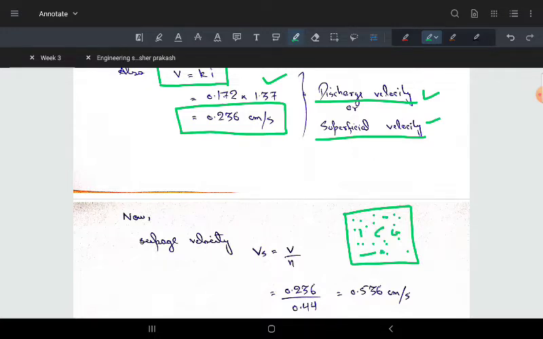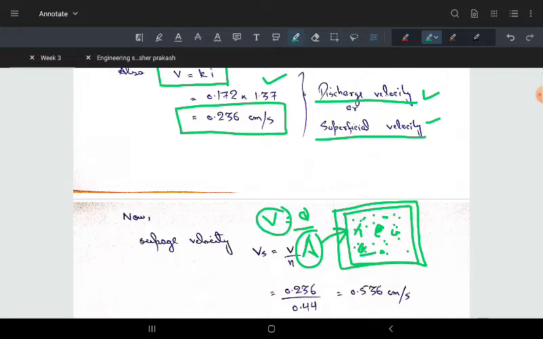Water moves through the voids, it cannot move through the solid itself. In the superficial velocity or discharge velocity, we consider the whole area to calculate the velocity. V is equal to Q by A, where A is the whole of this area. That gives the superficial velocity or discharge velocity.